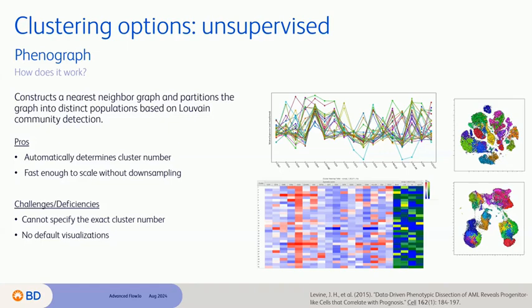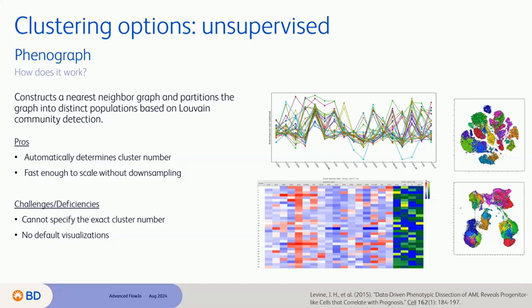The core idea behind Phenograph is it constructs a graph or a network where each node represents a cell, and the edges connect nodes that are similar to each other based on their high dimensional feature profiles. So it begins by building a k nearest neighbors graph.